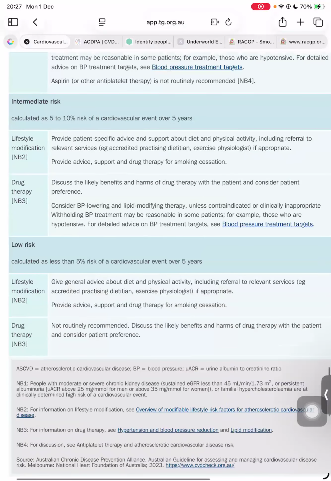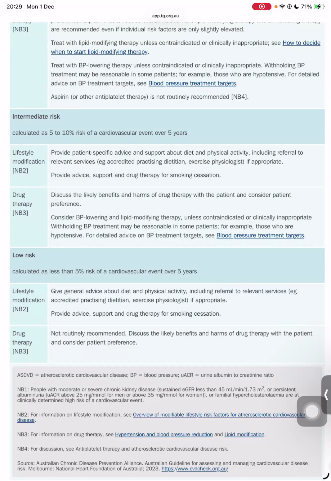We can consider blood pressure lowering and lipid modifying therapy unless contraindicated or clinically inappropriate. If the patient is not contraindicated, we can consider it. For low risk, drug therapy is not recommended, but for intermediate risk, we are considering drug therapy.